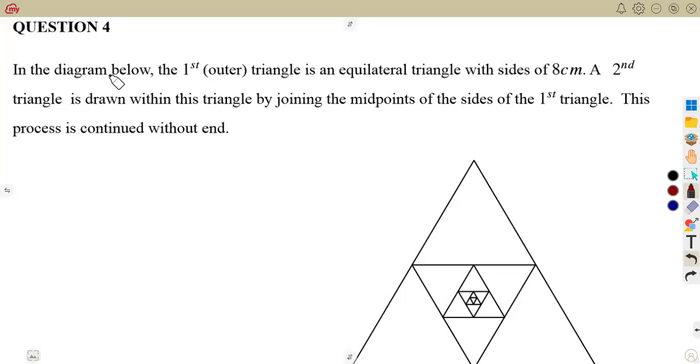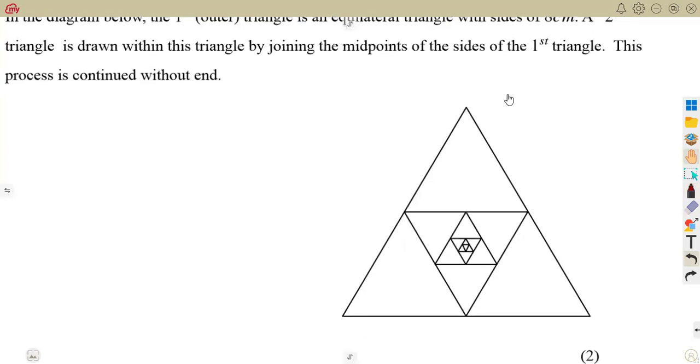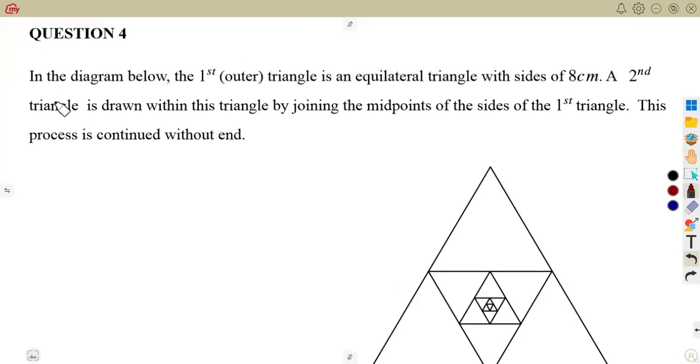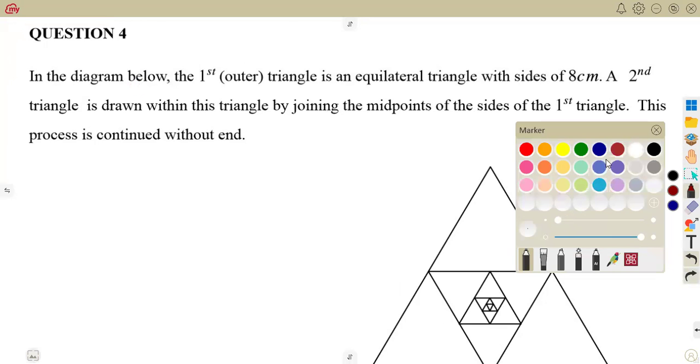So, given question number 4, we have the diagram that we are going to consider here. The statement says: in the diagram below, we are given the first triangle, which is the outer triangle.